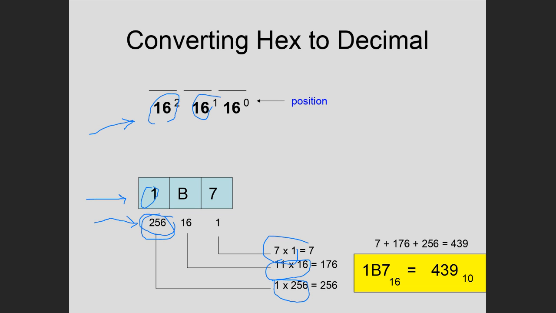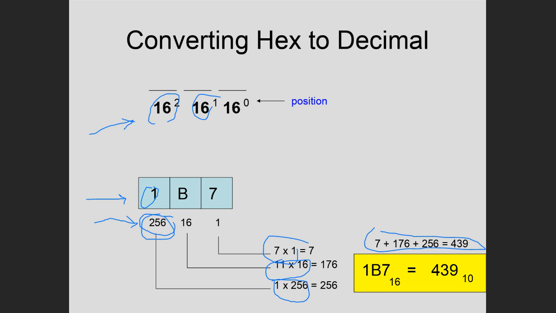So when I do my math, I get 256, 176, and 7. I add those up, and I figure out that a 1B7 base 16 in our number system is 439. And so with this, you want to be able to convert a number from base 16 to decimal, so we can see what we're dealing with.